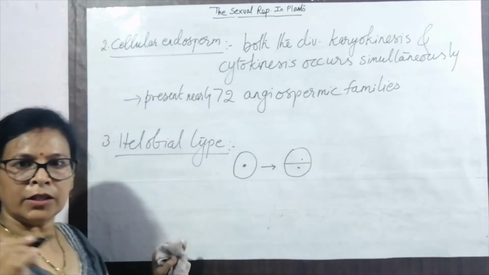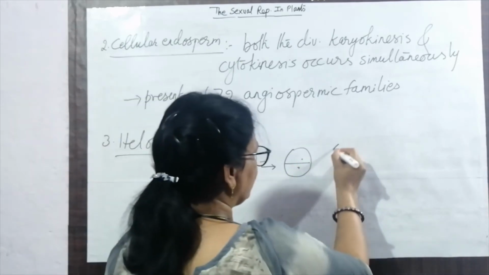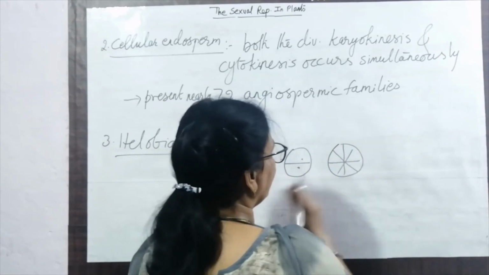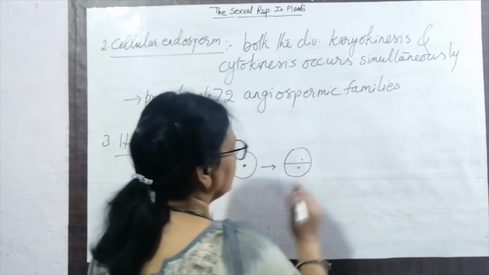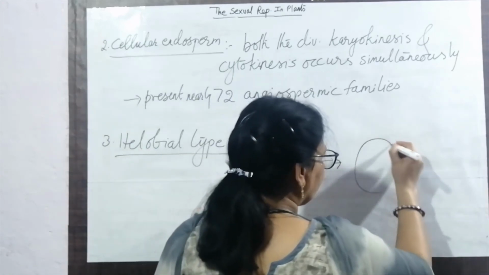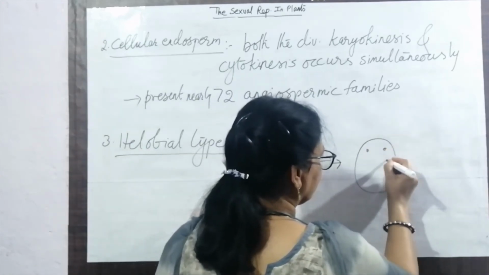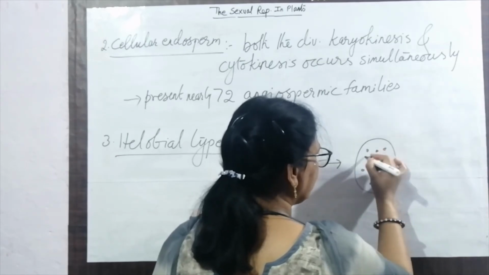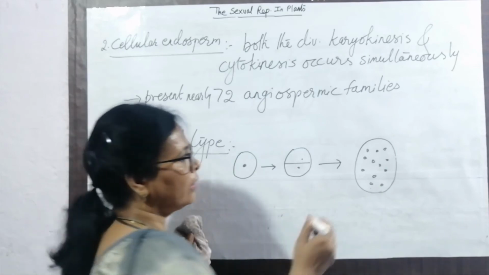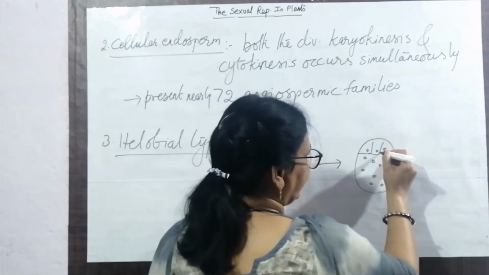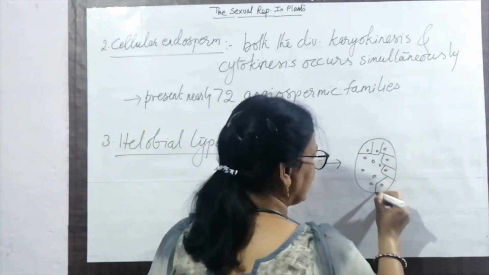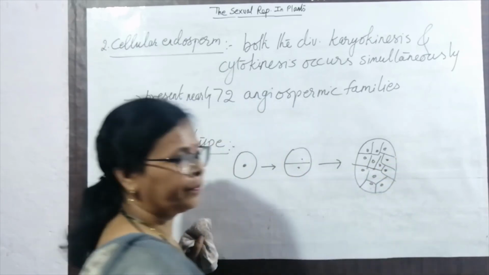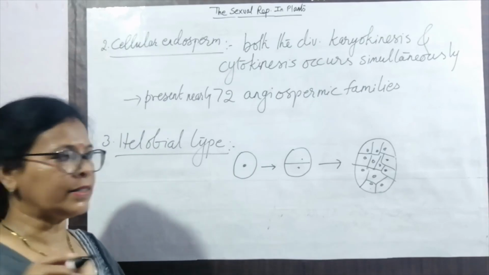Then these two cells divide into multiple cells: 2 to 4, 4 to 8, 8 to 16, and so on. But the peculiarity is that after multiple mitotic divisions, when more nuclei have formed, septa are generated. There is no role of the cell wall here.